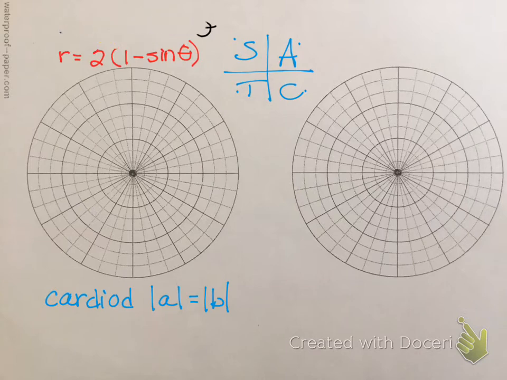Let's rewrite this equation, 2 minus 2 sine theta. You are looking at sine theta, in other words, which trig function you have, and whether this value is positive or negative to determine where your bulk is.